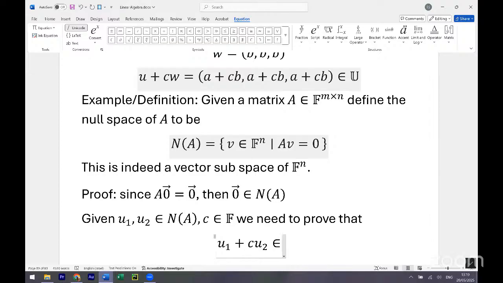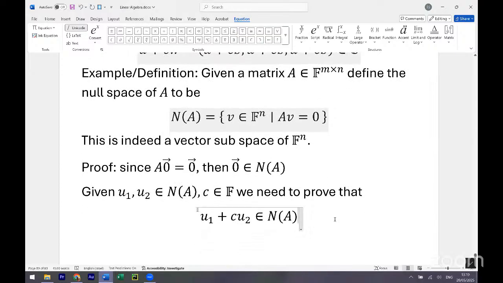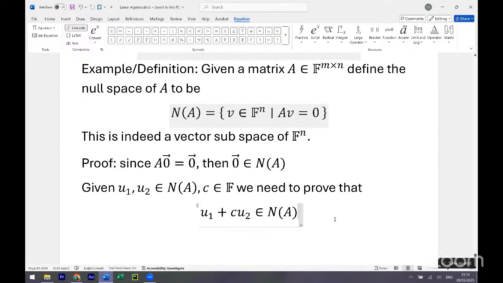Within NA. Exactly, the null space of A. Agreed? So what is the next step? You see the frame is the same as before. I've shown that the 0 vector is there. I'm taking 2 arbitrary vectors and an arbitrary scalar. And I wish to show that the linear combination is still there. So what is the next step?